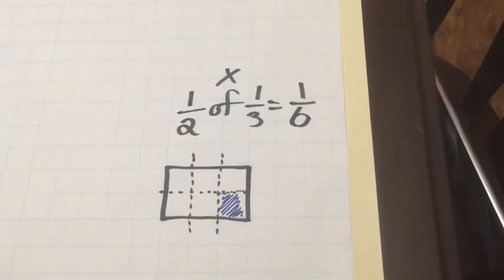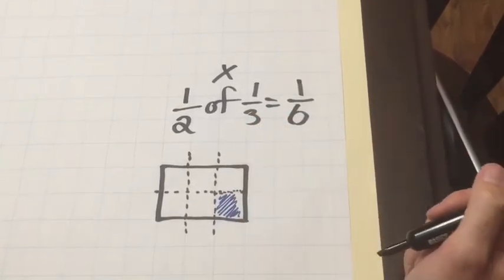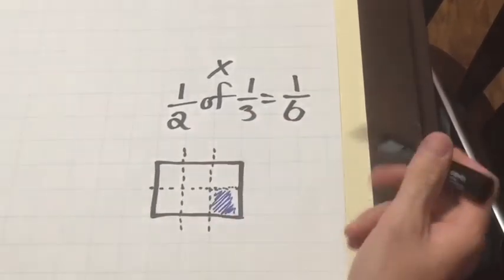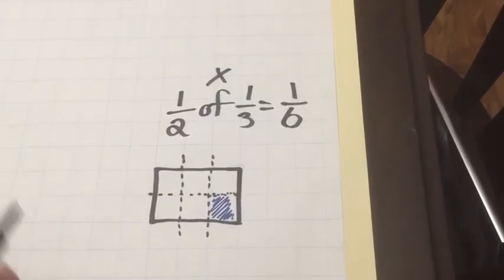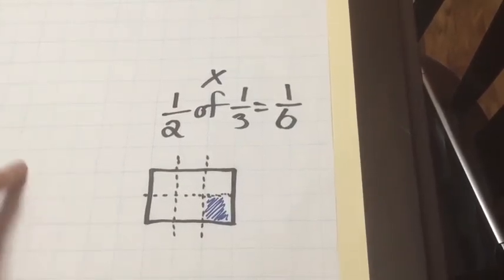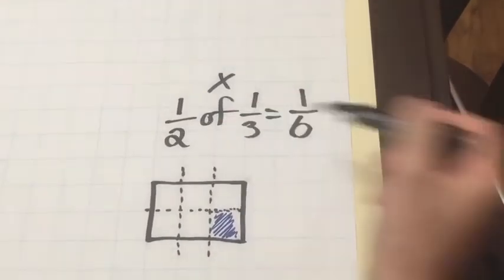Norman, yeah, look how luckily you drew your rectangle and it worked out perfect for this example. How did you know what happens if you drew it bigger? Well, there's a little trick I will let you in on so that you draw the perfect rectangular diagram each time. What I do is I look at the denominators.